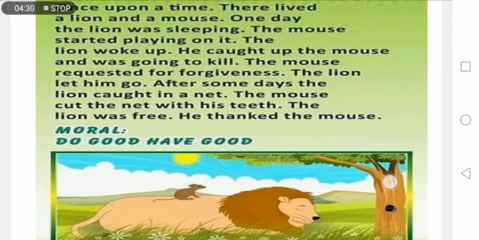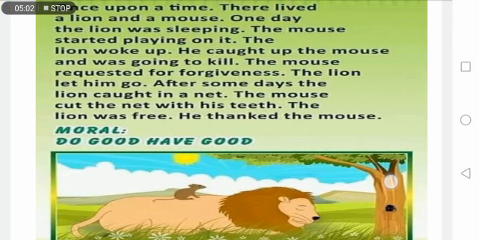It is telling the events in sequence, in order. That is, there was a lion and a mouse. One day the lion was sleeping, the mouse was playing. Then the mouse was going to be killed by the lion, and the mouse requested forgiveness from the lion, and the lion let him go.